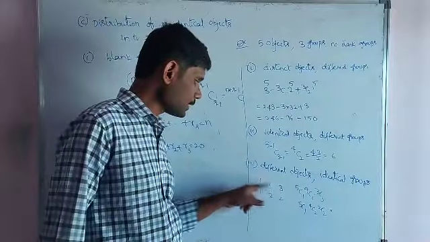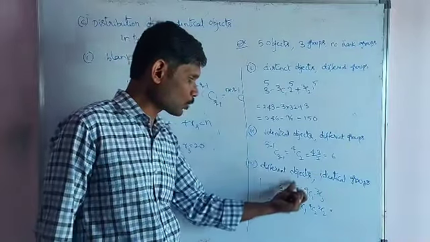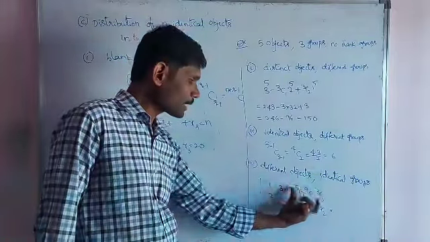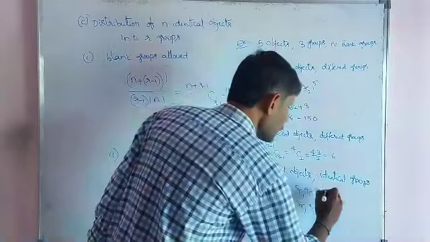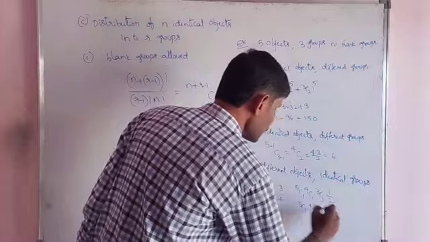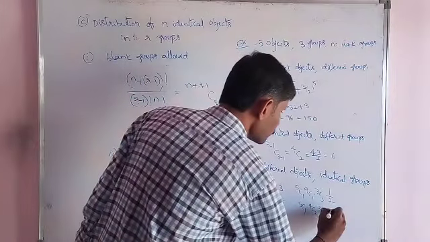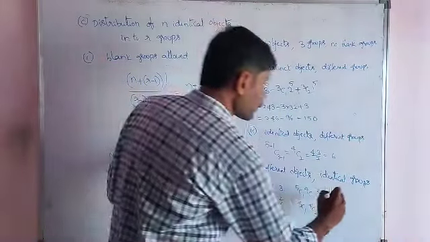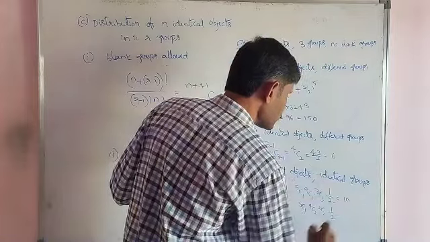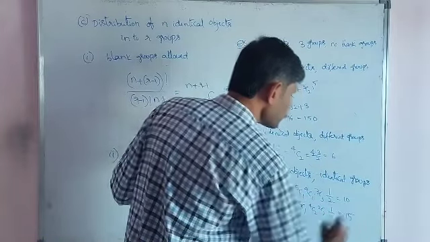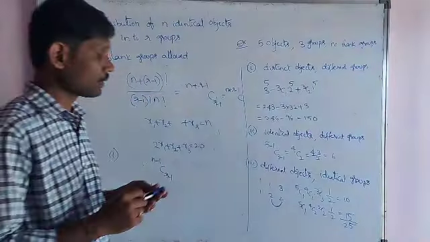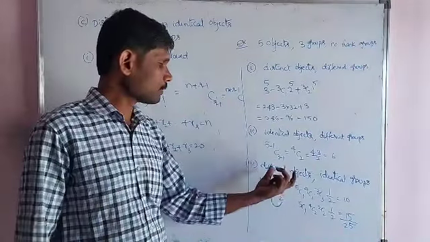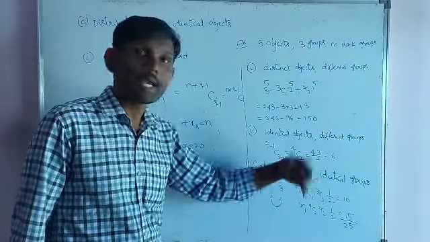Here, as we are saying first group 5c1, next group 4c1, they can be interchanged, still it is the same. So 1 by 2 factorial, and here also the same thing because these two are same. So 10 here, 30 by 2, 15 here. So total 25 ways we can divide 5 different objects into 3 identical groups.